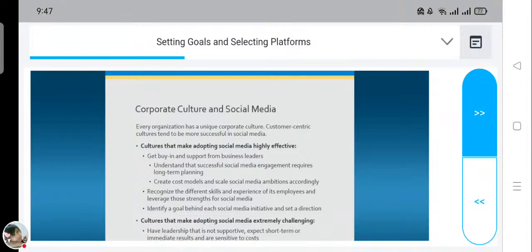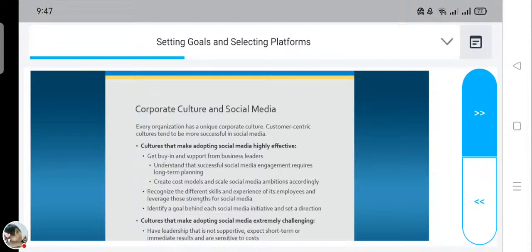From upper management down, they understand that social media engagement is important, and therefore they're willing to incorporate it into their long-term planning and to create cost models and budgeting and to scale those social media ambitions along with all of their other planning. These cultures also recognize that there's going to be different skills required to be successful in social media, and so they're willing to either train employees or hire employees that are going to have the strengths needed for successful social media.